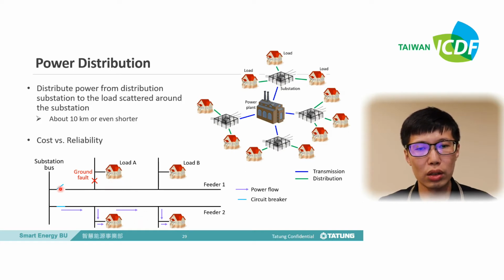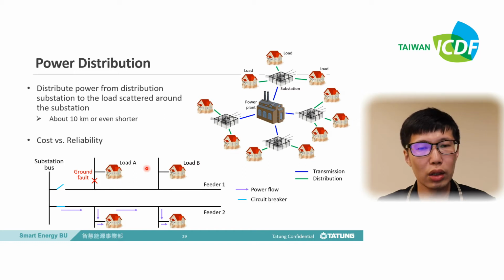If we open this circuit breaker, both load A and load B have no current, and this is very bad for load B, because the ground fault occurs here and has nothing to do with load B. So if we want to increase the reliability, we may want to supply power to load B when the ground fault occurs here. How can we do so?